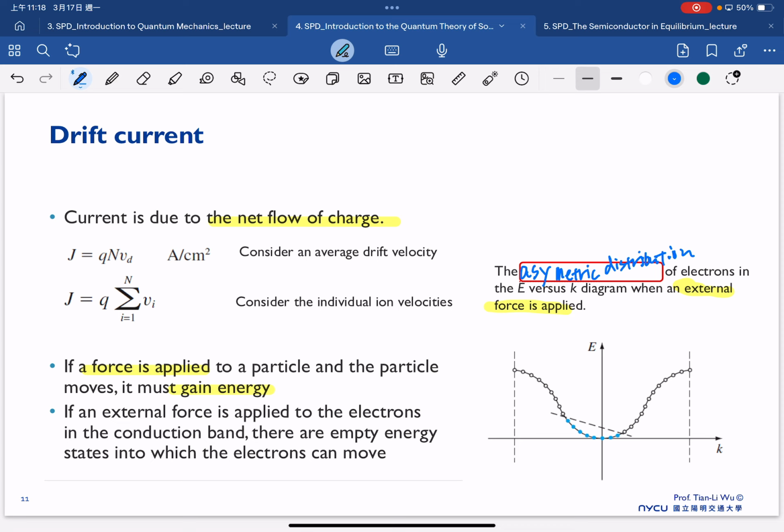So you have this asymmetric distribution in the E-k diagram due to the external force applied. We will talk later about how the current can actually be calculated. This is just a little appetizer for everyone to get a sense of how the current arises, but later we will talk in more detail.